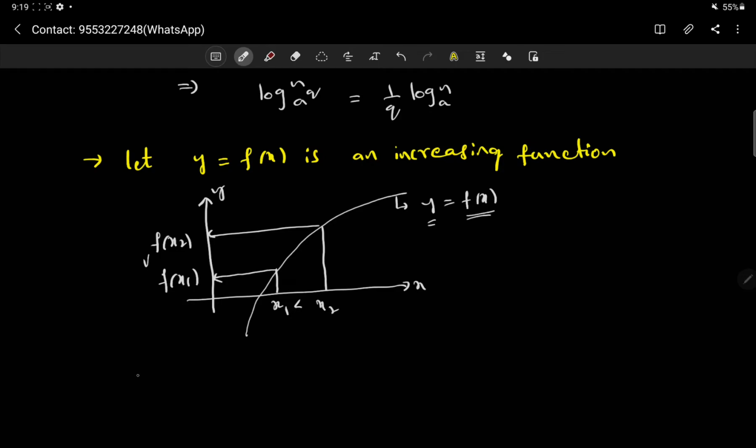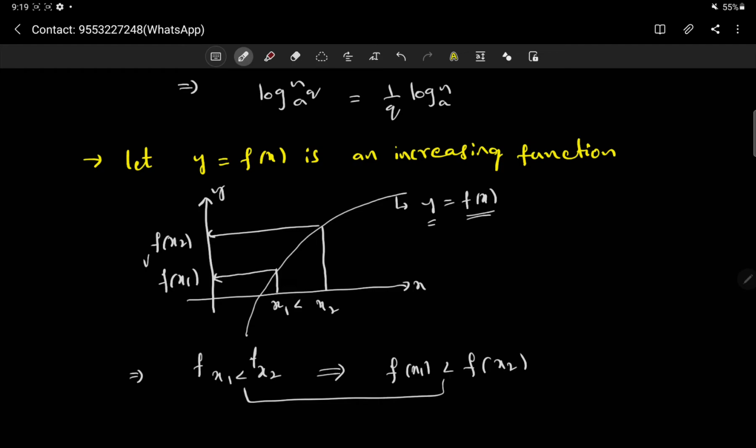So therefore from above graph, x1 less than x2 implies f of x1 less than f of x2. That means on taking f on both sides, the same inequality we are getting.